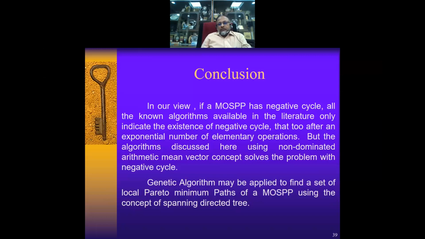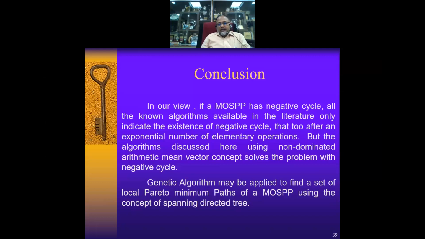So, in our view, to conclude, if a MOSPP has a negative cycle, all the known algorithms available in the literature only indicate the existence of the negative cycle, that too after an exponential number of elementary operations. But the algorithm discussed here, using the non-dominated arithmetic mean vector concept, solves the problem even with a negative cycle.